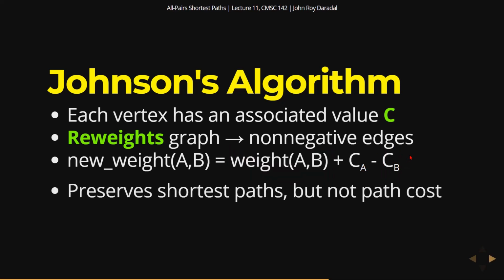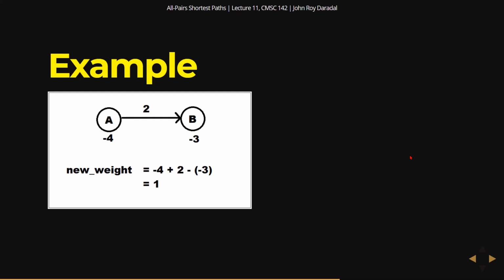Okay, so it will preserve the shortest path but not the path cost itself. So later on we'll have to readjust the path costs so that it becomes correct. Okay, so as an example of the reweighting, let's say that A and B has an edge with weight 2, and A, let's say, has an associated value -4, and B has an associated value -3.